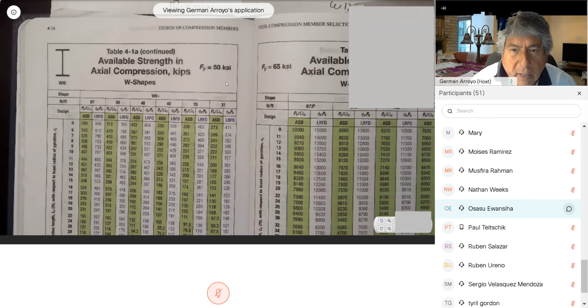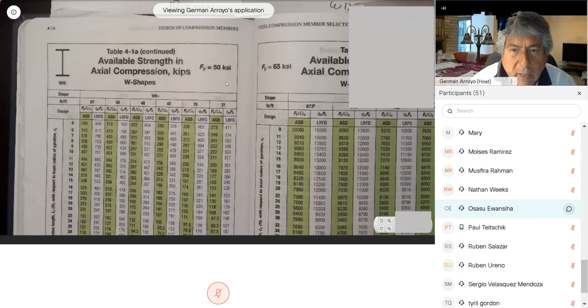So whenever we're going to solve a problem, we are going to look at W8, W10, W12, W14. The one that is the lightest, the one that has the least weight, that's the one that we're going to check. And if it doesn't work, we're going to go to the next one.